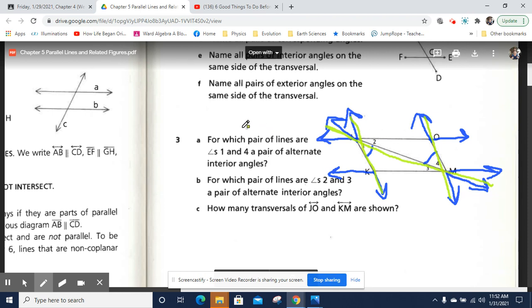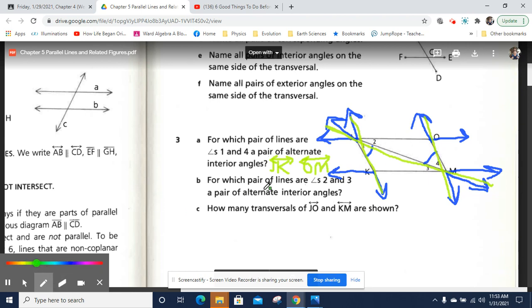So the pair of lines that works for that are JK and OM. Since we're calling them lines, we're going to put the line symbol up here for OM and JK.